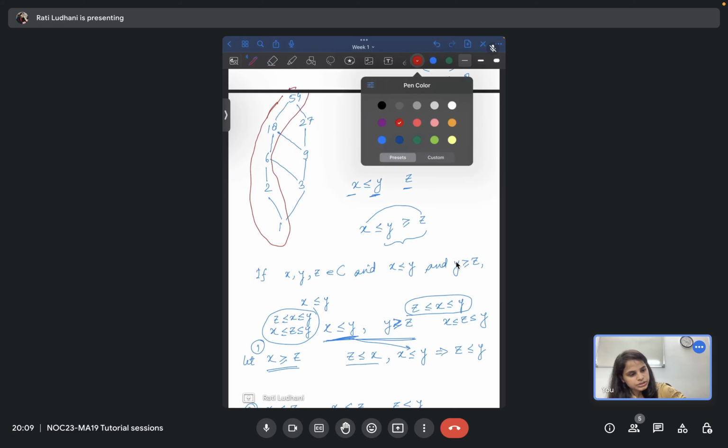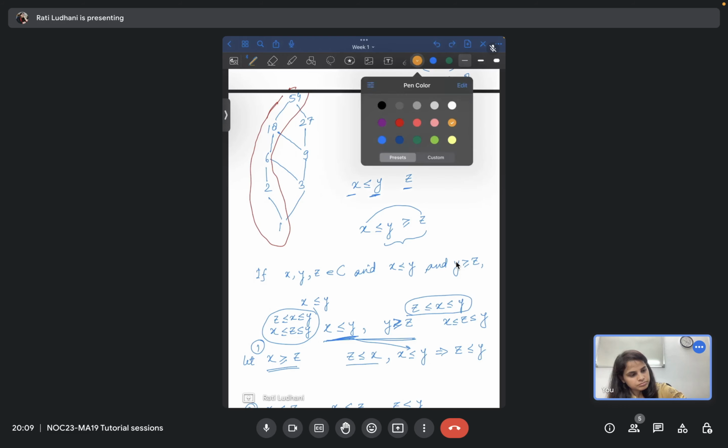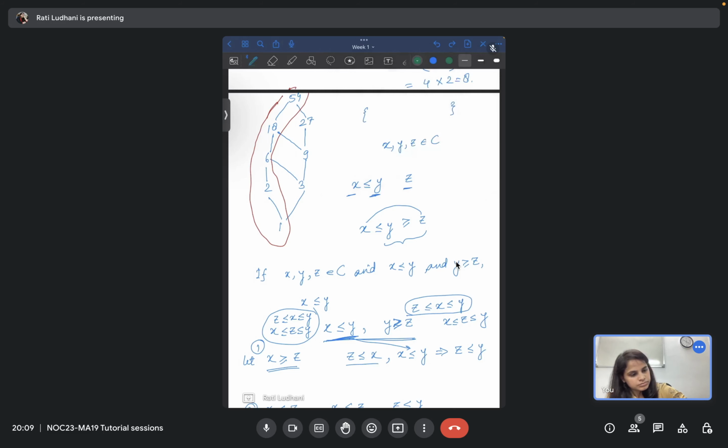I can change color, maybe dark. You just try to find a chain in this Hasse diagram.